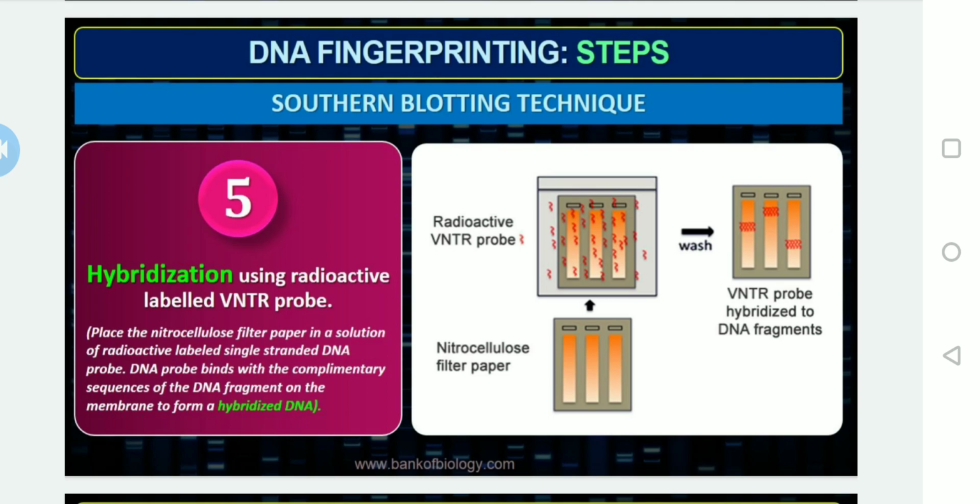The major thing you should remember is that we use nitrocellulose filter paper here. So this is what we call tagging radioactive DNA probes. Fine. So this is the fifth step.